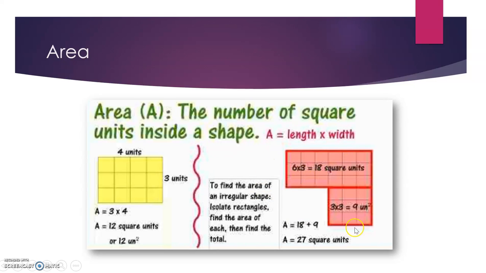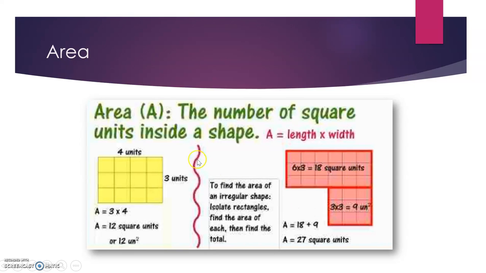Let's have a look at the example over here on the right. It's a little bit more complicated, but don't worry, it's pretty easy. In this scenario, we have a composite shape. We have a square and we have a rectangle combined. So all you have to do is to break up this particular shape into two, the rectangle and the square.